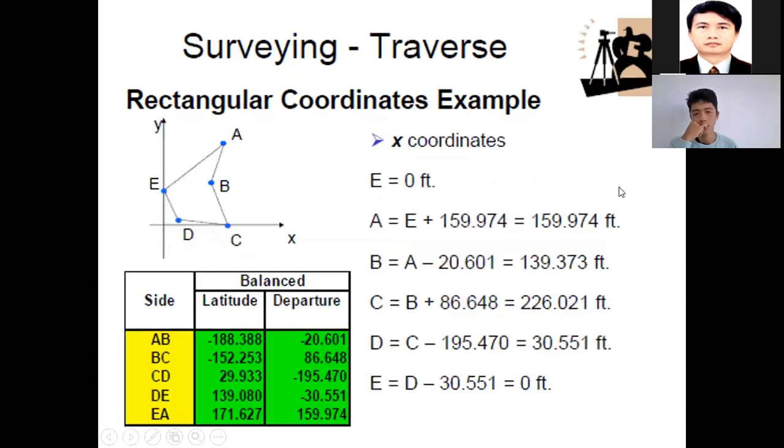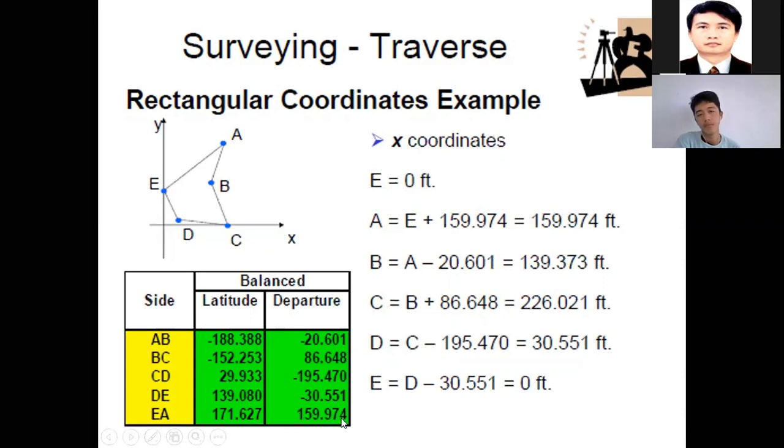So let's start with the x coordinates. Starting at point E, we expect that the x component of point E is 0. Tama? Then to get the x component or coordinate of point A, we can use the departure value of the line segment EA.